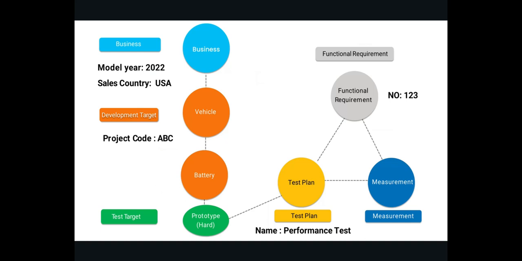We are developing a 2020 model ABC vehicle for the United States. A prototype of the battery is created and a performance test is conducted. The functional requirement number is 123.